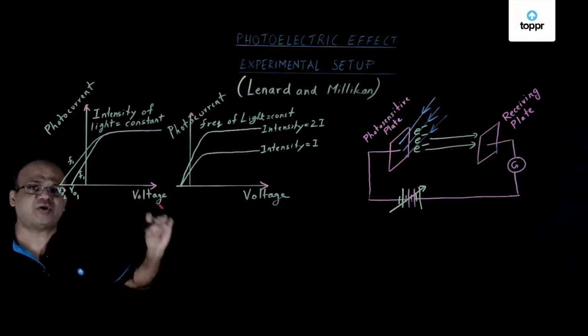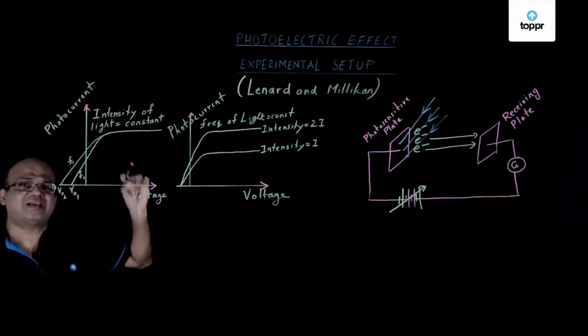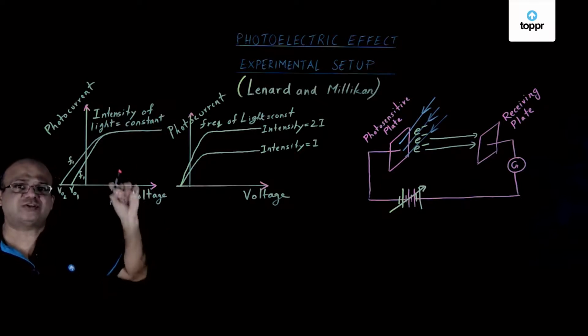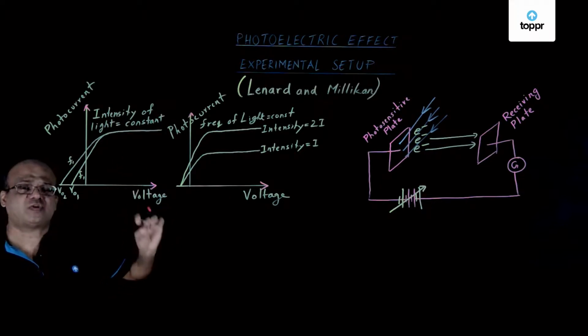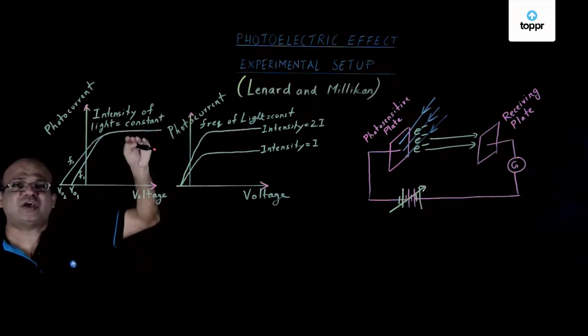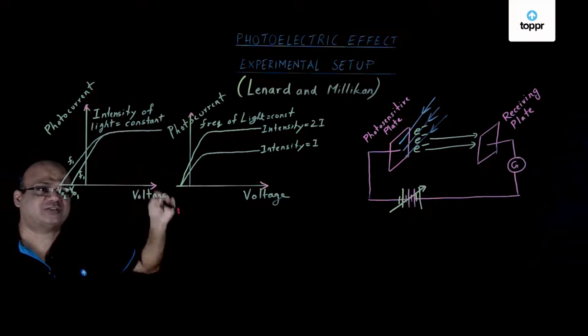This is very important to understand that when we change the frequency of light, the stopping potential changes, K max of photoelectrons changes, but the saturation current does not change.